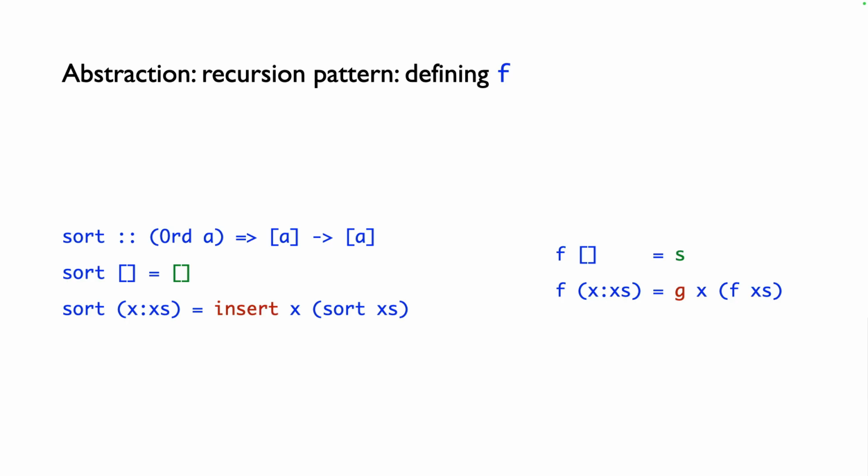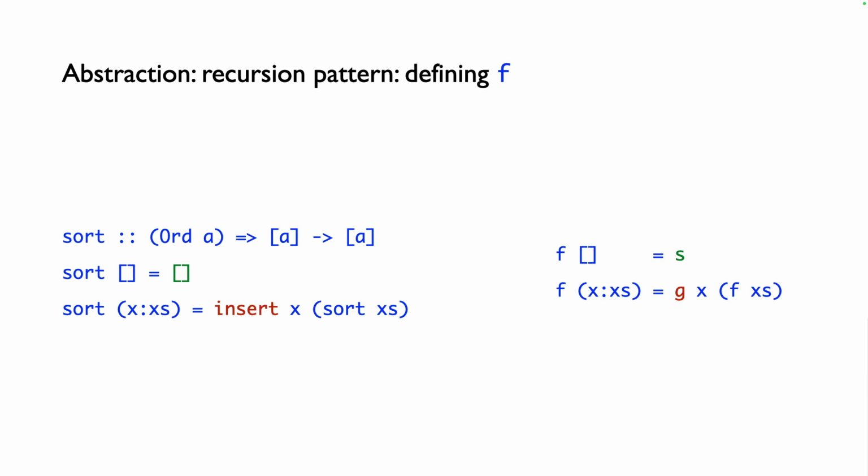So in general, what we do is to make a recursive definition. At the empty list, we have some value s, and for the non-empty list, we say that f on x cons x's is the function g applied to x and f of x's. So that's the general pattern that defines f.